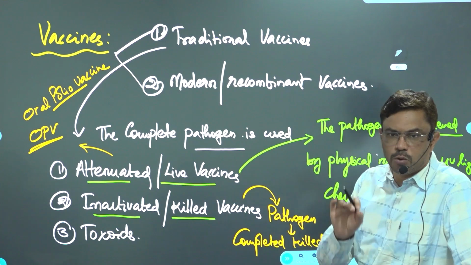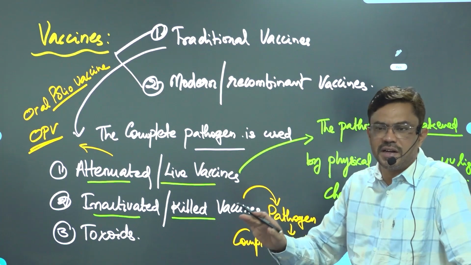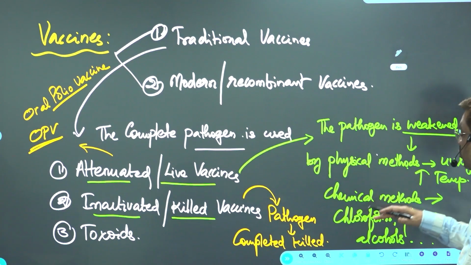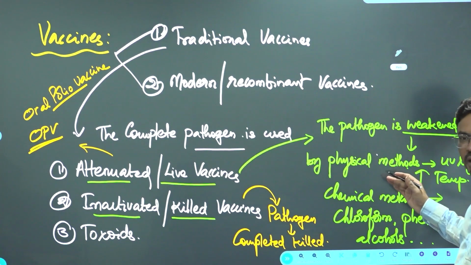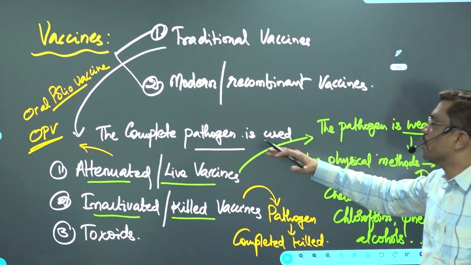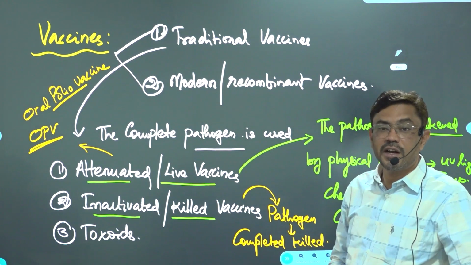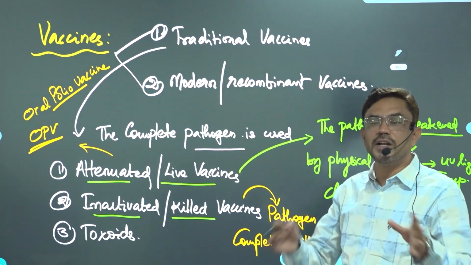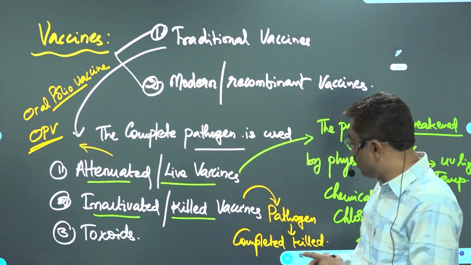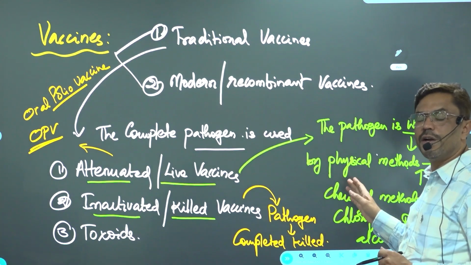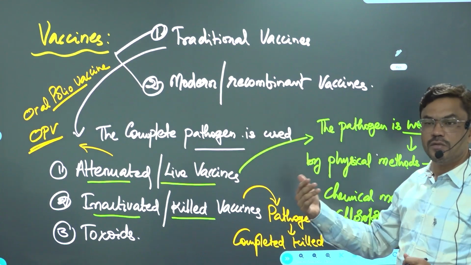Here the poliomyelitis virus is not completely killed, simply weakened by adding some chemicals or by exposing to UV radiation or high temperature. Then inactivated or killed means the pathogen is completely killed. When you expose the pathogen for a long period to chemicals, UV radiation, or temperature, the pathogen will be killed.